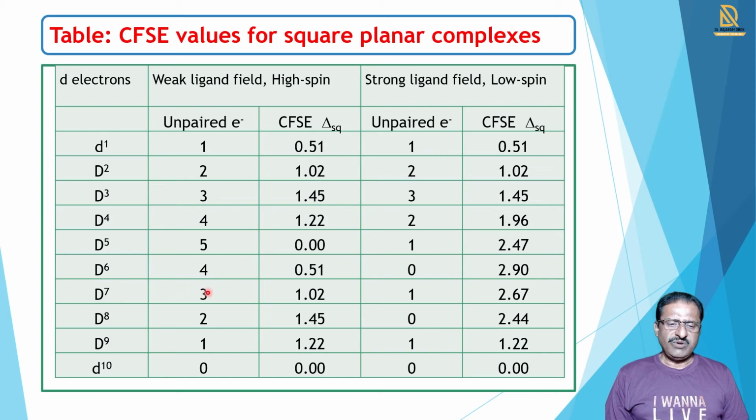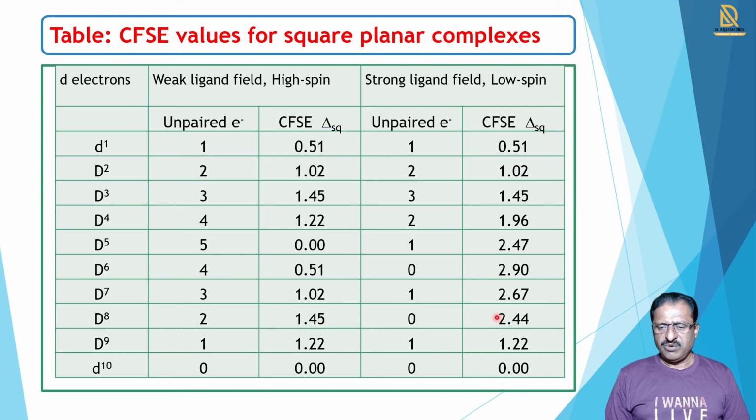Now in the d7 case, in the weak field complex, unpaired electrons are 3 and the CFSE is 1.02. In the strong field complex, unpaired electron is 1 and the value is 2.67. Then in the d8 case, in the weak field complex, the value is 1.45.